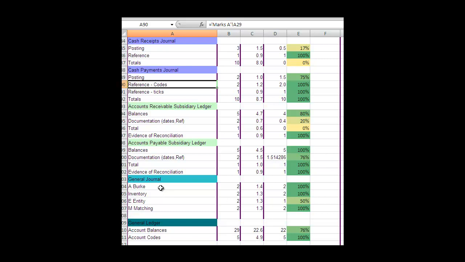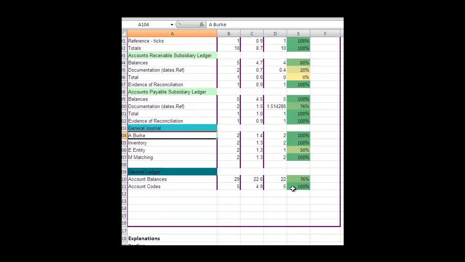Then the general journal items: for each particular journal, how did you go with it? For some of you that got reports out early, I did have the wrong names in here. I copied part of this template from somewhere else and I didn't change the name, but if you go back here, the name should be A. Burke. That's, I think, goods returned, the inventory associated with that, then the E entity and M matching entries.